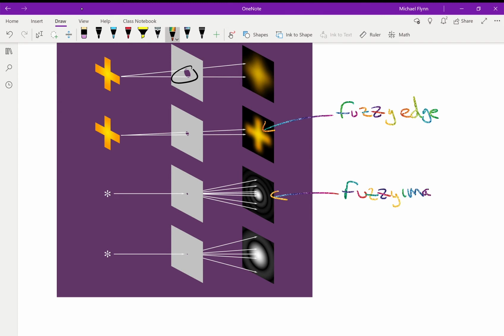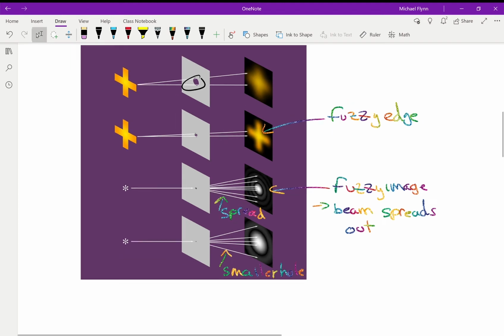The fuzzy image is due to the spreading out of the beam. The beam spreads out, and here you can see the beam spreading out there. So light's still traveling in straight lines, it just seems like one line is becoming many lines as it passes through the hole. And the smaller the hole, the more pronounced the effect. So here, with a smaller hole, the effect is more pronounced.